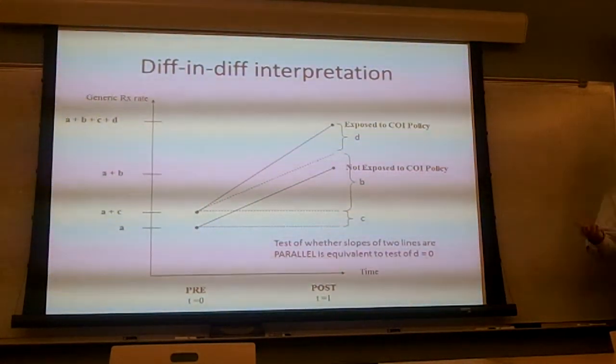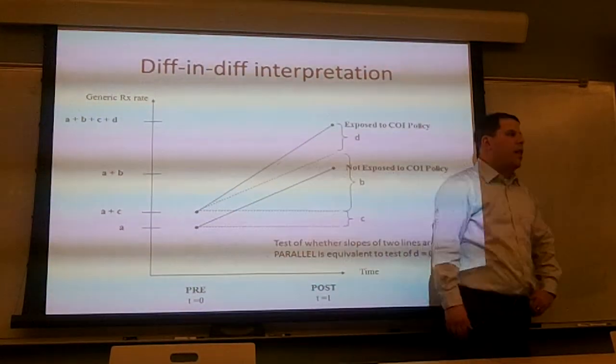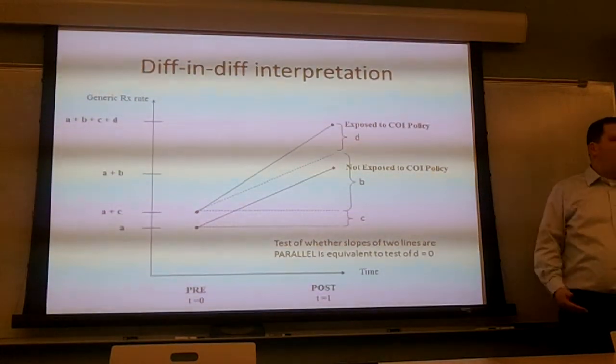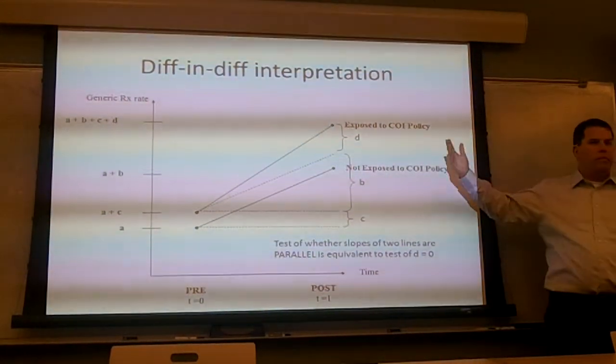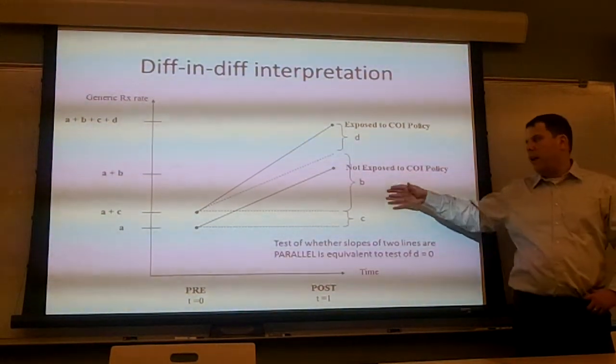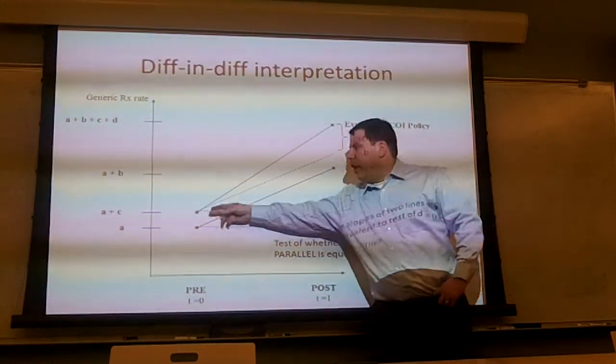In other words, we're imposing the equality assumption on them, but we have to account for the fact that the data are saying in the pre-period, for whatever reason, just sampling noise or coincidence or something that we're not going to talk about, they are different.